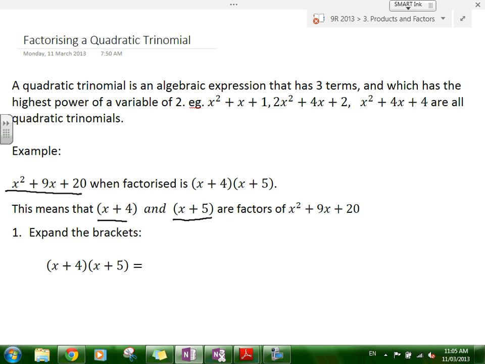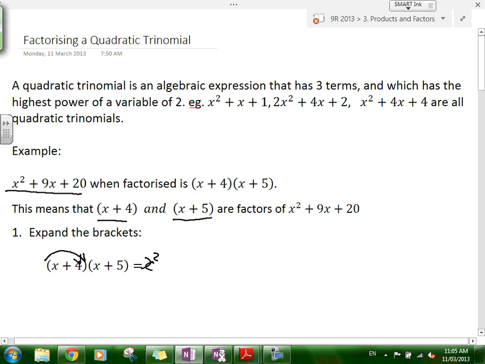What's the first term going to be, Rob? Yeah, good. So x times x, correct. x squared. Alright, what's the next term going to be? Good, plus 5x. Alright, what's the next term going to be, Eleanor? Yeah, 4x.